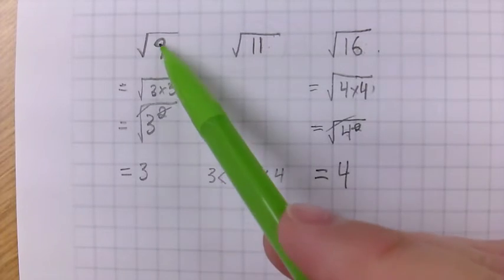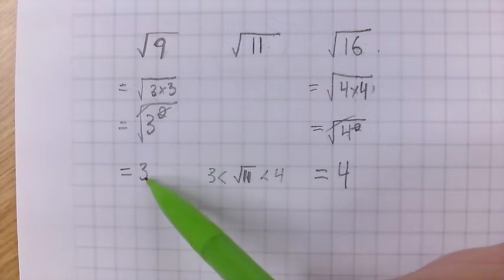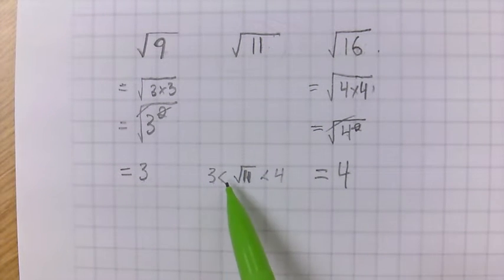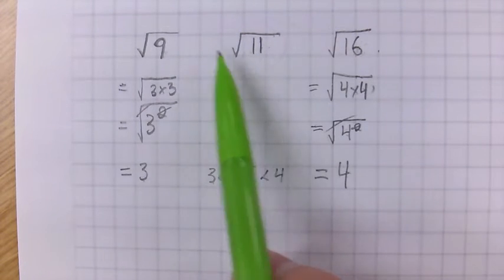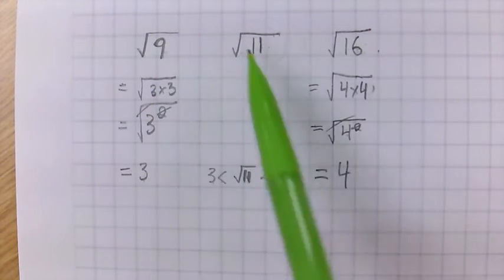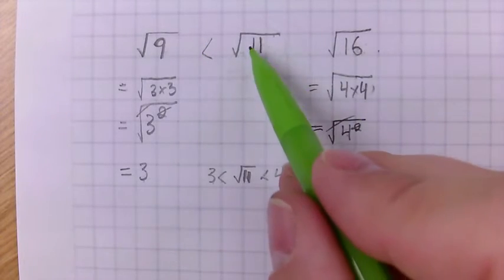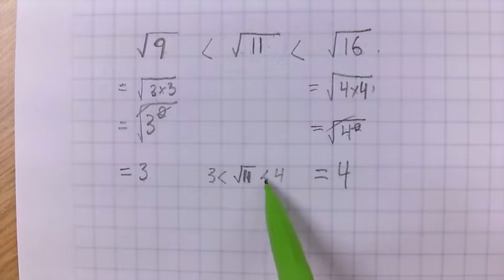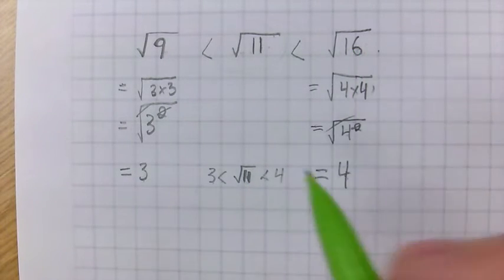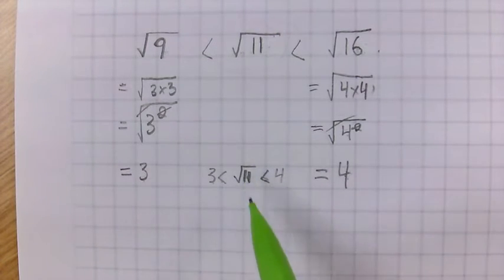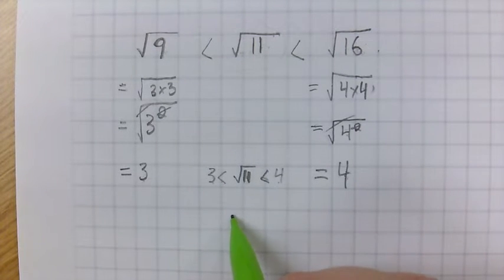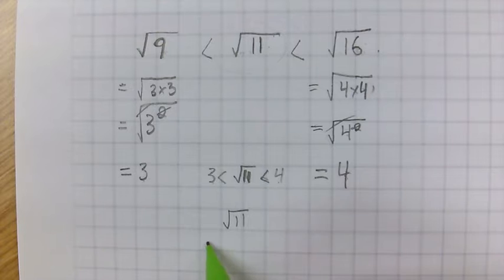So if the square root of 9 is 3 and the square root of 16 is 4, then 3 must be less than the square root of 11, because the square root of 9 is less than the square root of 11. And the square root of 11 is less than the square root of 16, so the square root of 11 must also be less than 4. That tells us that the square root of 11 has to be somewhere between 3 and 4. In other words, the square root of 11 has to be equal to 3 point something.